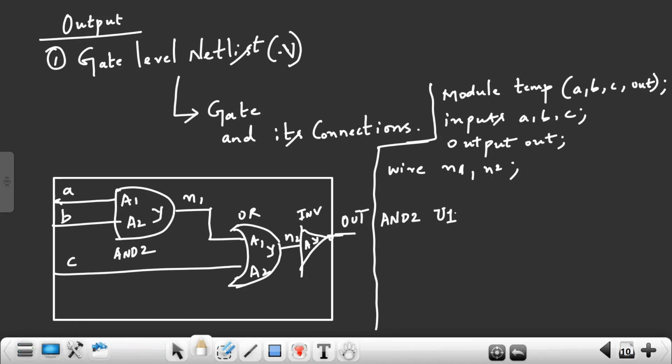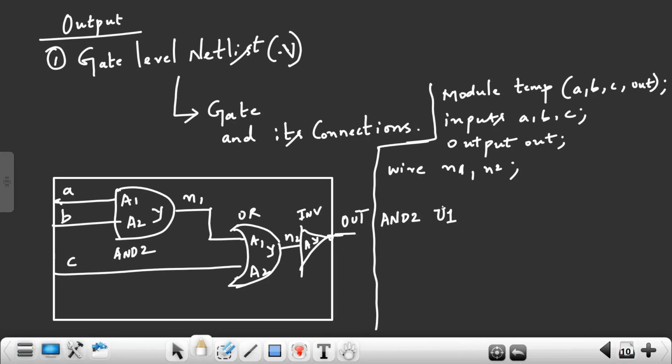Every cell has a different instance name, because in the design I may have n number of AND gates, even 1000 AND gates. From one AND gate to another there should be some difference. For that reason the synthesis tool will give an instance name.